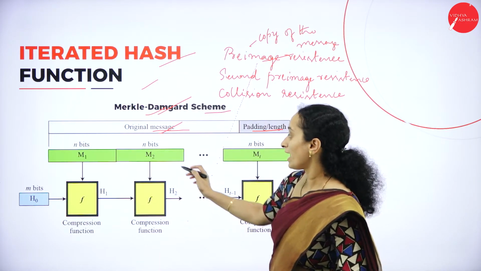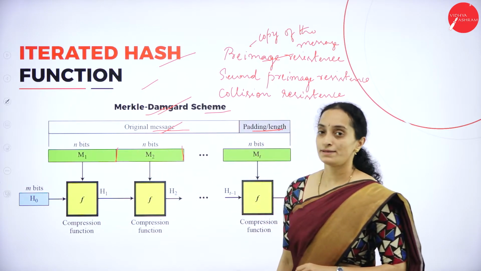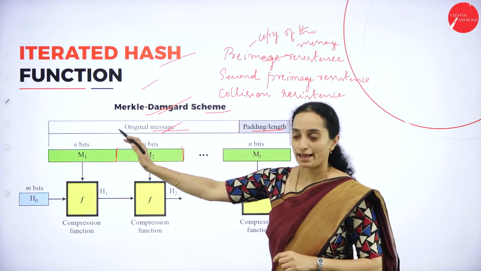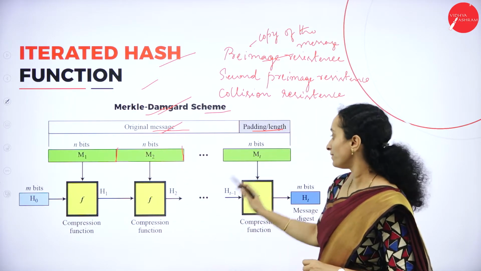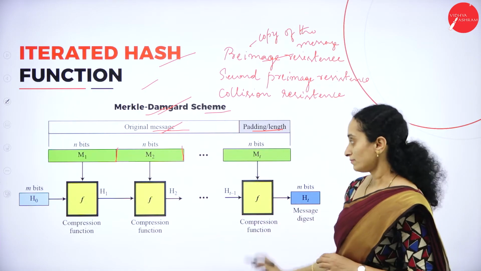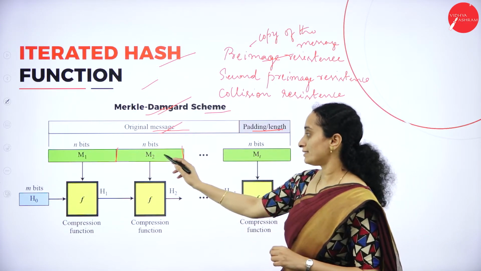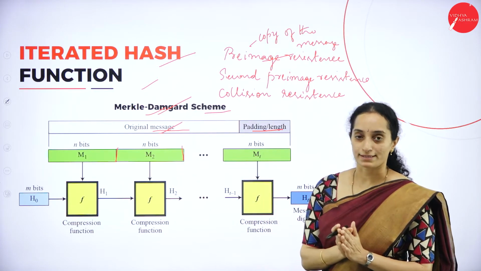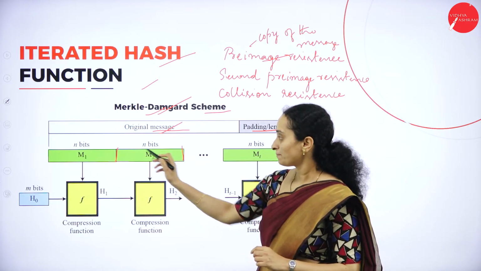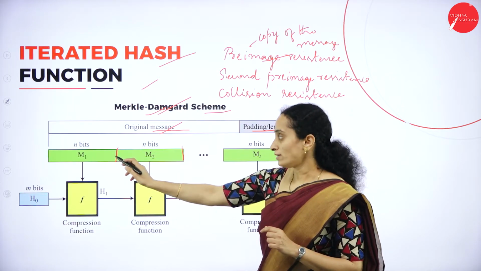In the diagrammatic representation, we have message blocks m1 of length n bits, m2 of length n bits, up to mt of length n bits. These are the fixed message blocks, compressed from the original message.